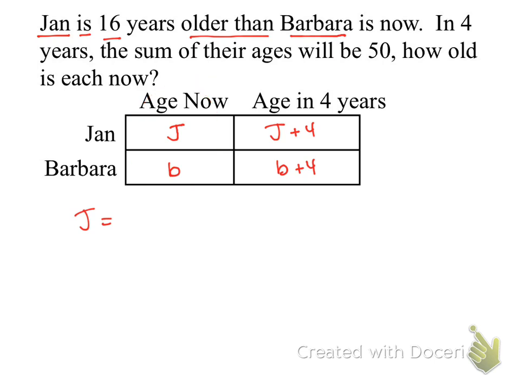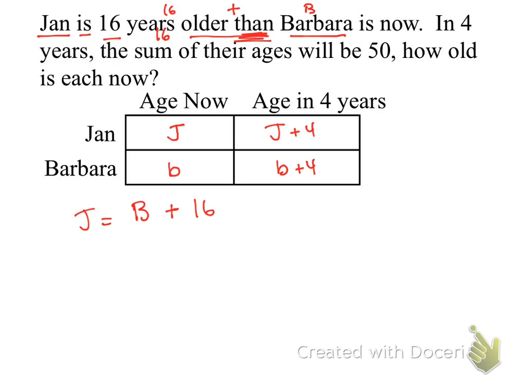Since it says older than, older means plus. Than means I replace, so instead of 16 plus B, because it says than, it has to be B plus 16. Okay, that's the first one.